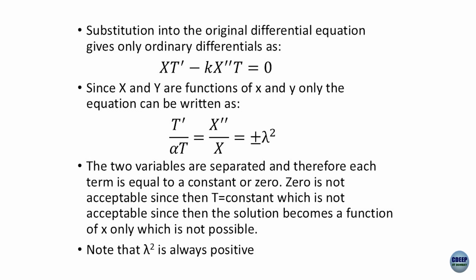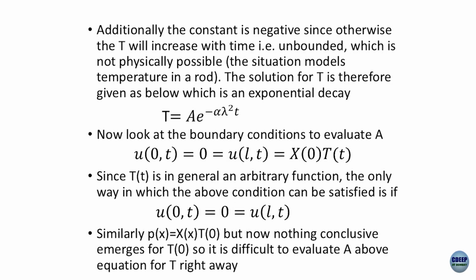If you say 0, then it turns out that capital T comes out to be a constant, which means that the variation in little t is absent, and that's not acceptable. And if you are going to say that the right-hand side is minus or plus lambda square, then you're going to get a solution that's going to be blowing up. So that also is not going to be a valid solution.